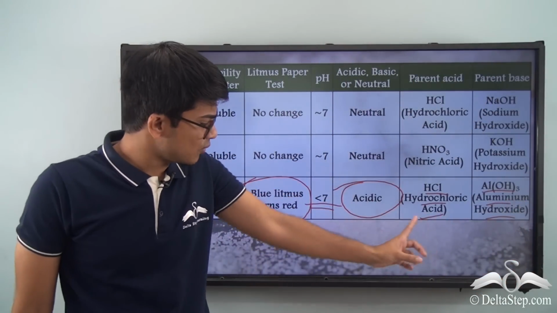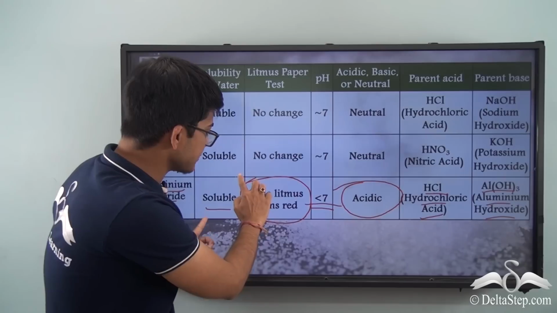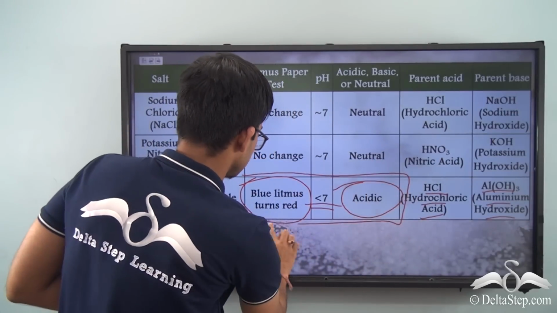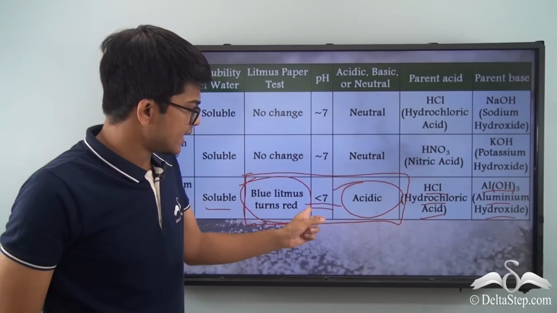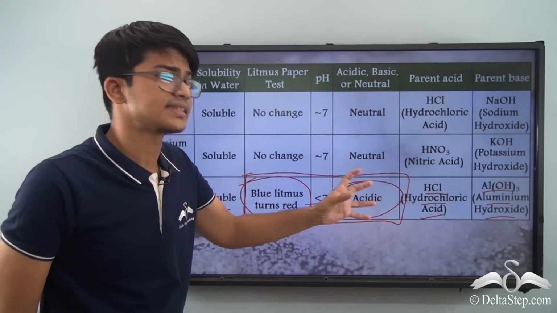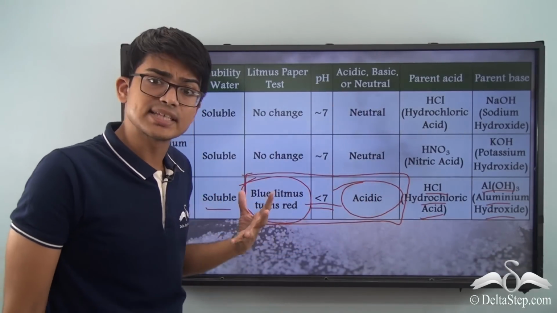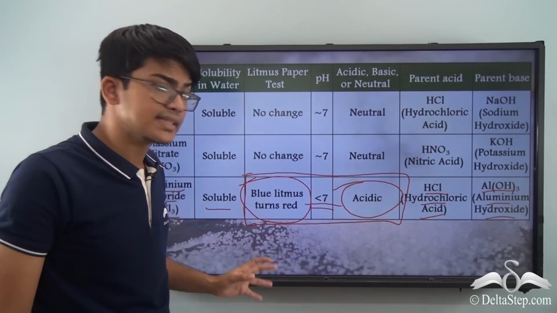Try to understand why these things are happening. I'm telling you that blue litmus is turning red, the pH is less than 7 and it's acidic, the test is giving us an acidic result. Why is it actually happening?